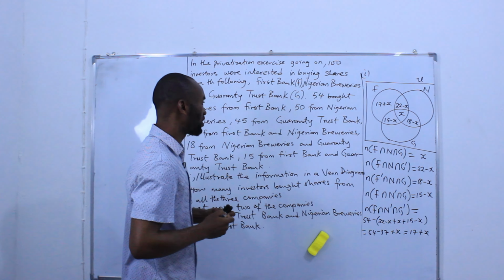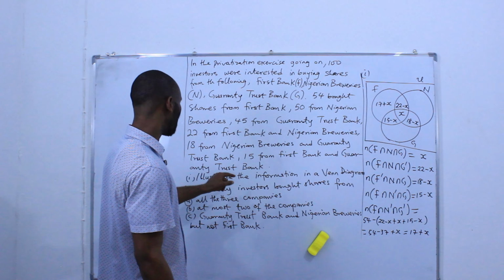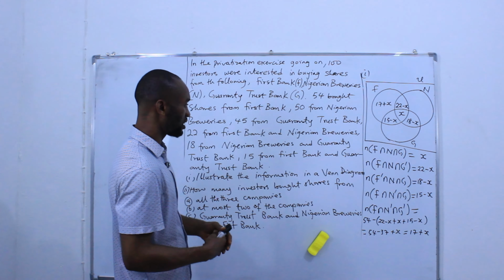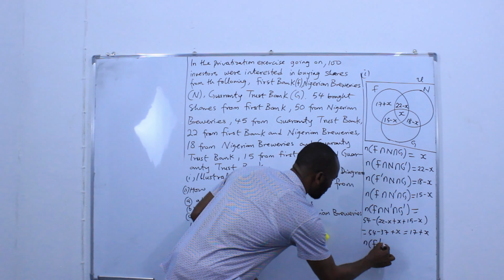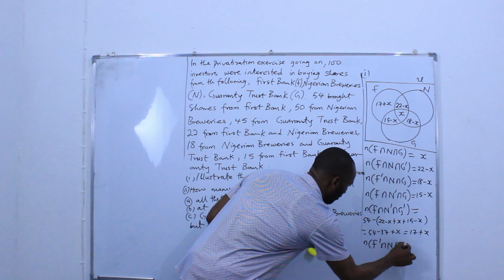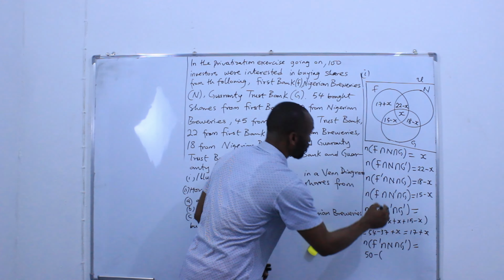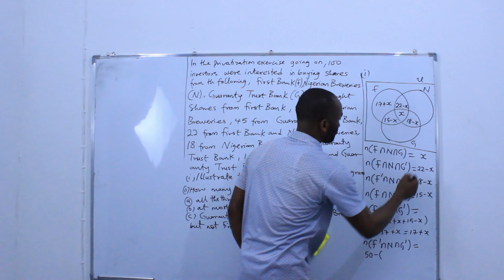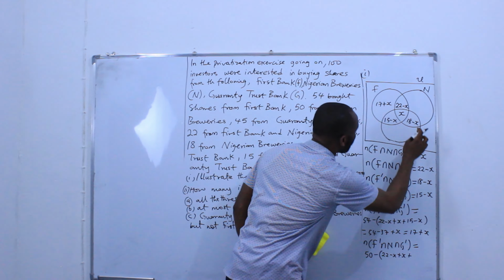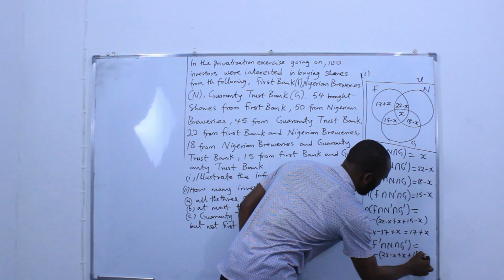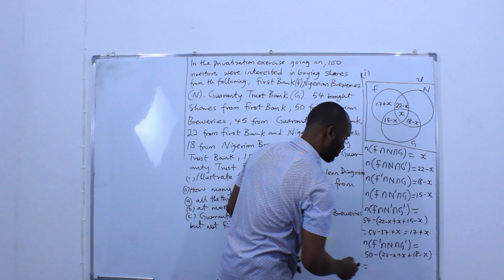So let's look for Nigerian Breweries. The number that bought from Nigerian Breweries is 50. So to get the number that bought from Nigerian Breweries only, we have 50 minus all the overlap here, which is 22 minus X plus 18 minus X, which is this plus this is 40.